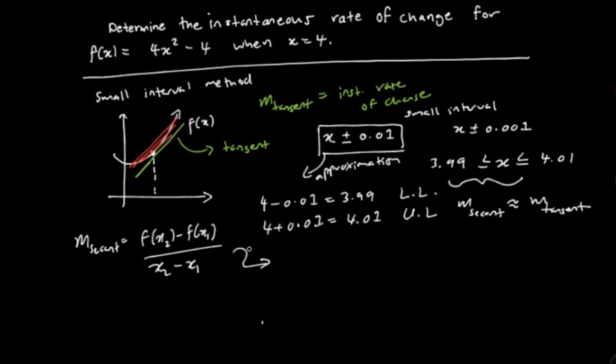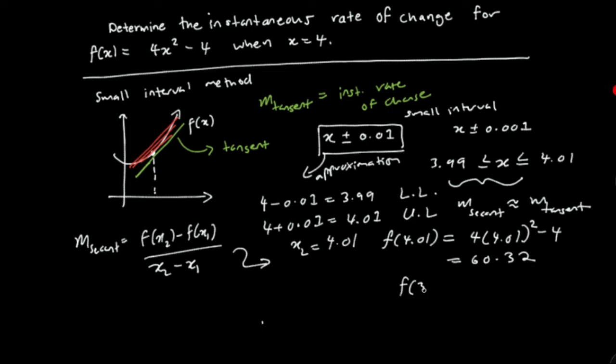And in this case, let's say x2 here is the upper limit, so it's 4.01. So f of 4.01 is basically 4 times 4.01 squared minus 4. I'm just going to calculate that out, and I get 60.32.